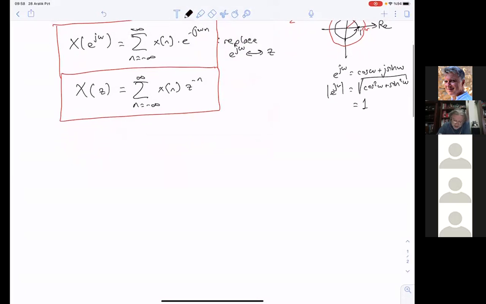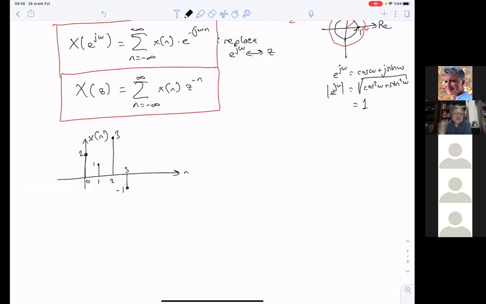Now let's think of an x of n, which is a discrete time signal, as we know. It's equal to, let's say, 2 at 0, 1 at 1, 3 at 2, and minus 1 at 3.